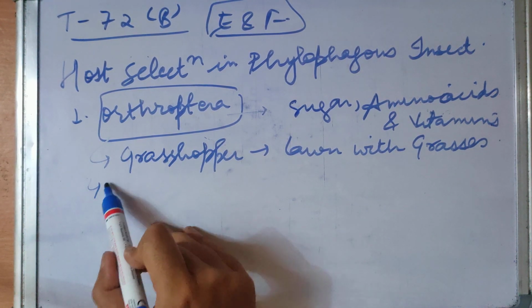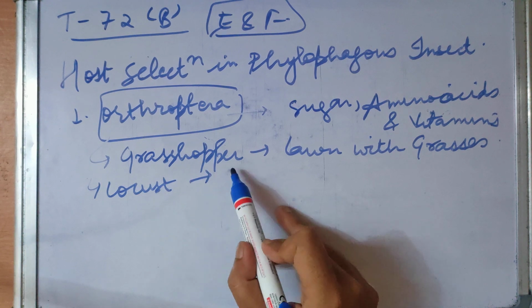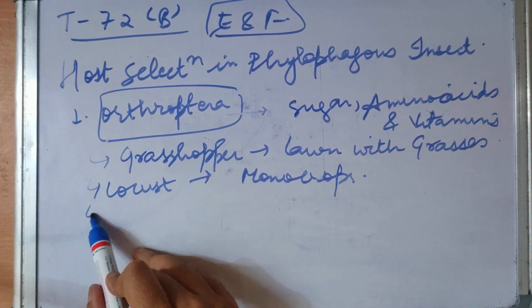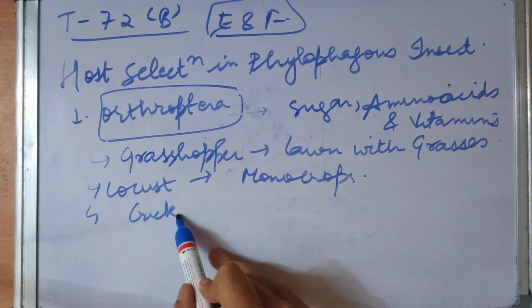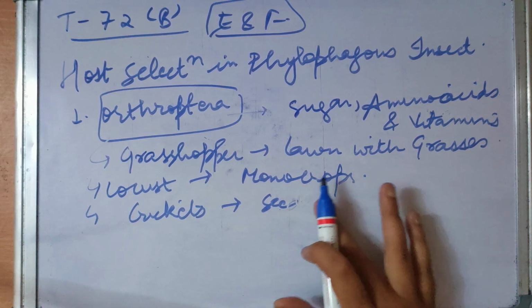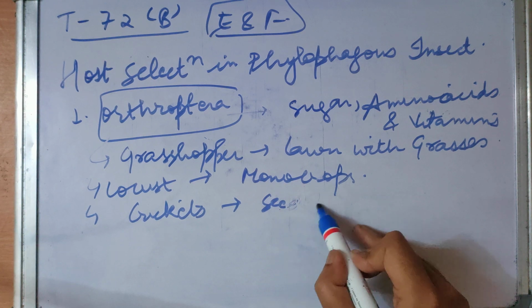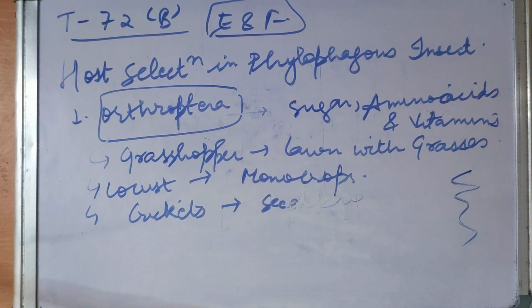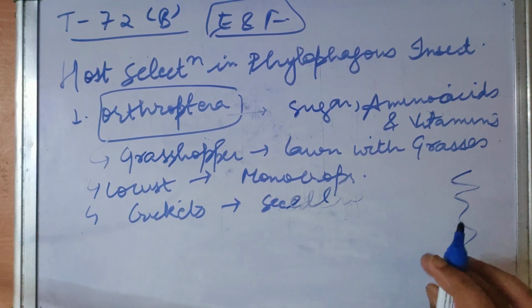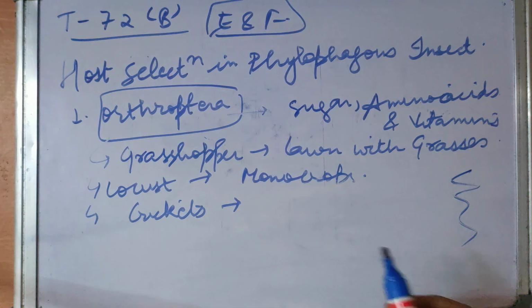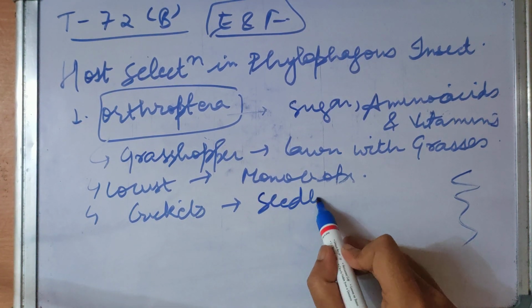Locusts choose some monocrops only. Crickets prefer seedlings.